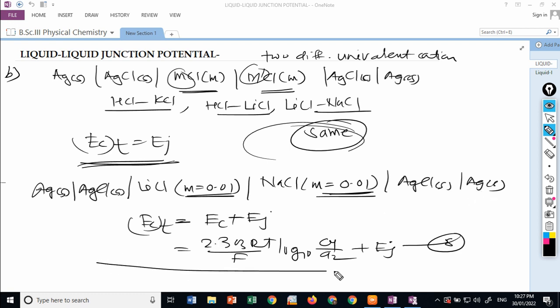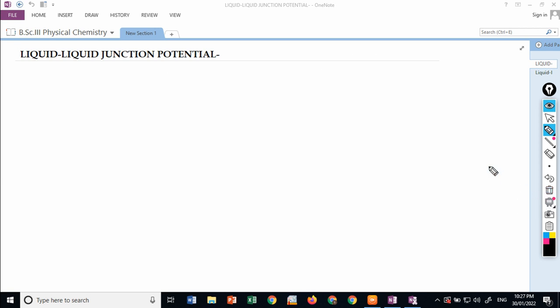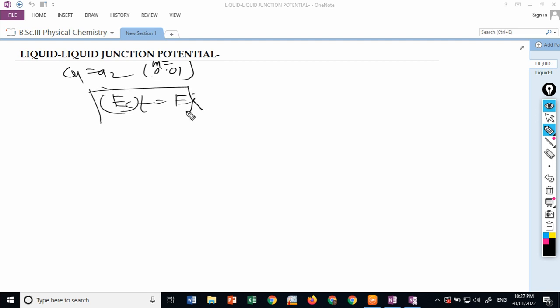So keep these terms in mind. We'll move further. Since A1 is equal to A2, that is 0.01 molality, we'll get the EMF of the cell with transference is equal to the liquid junction potential. So this is method B.